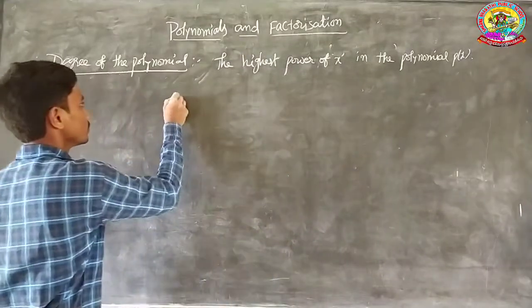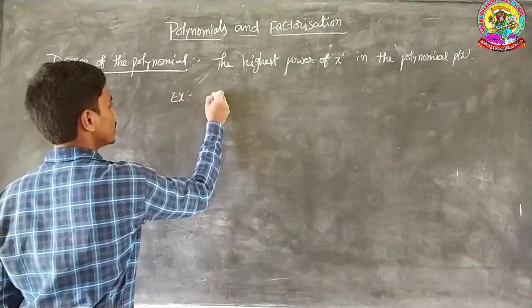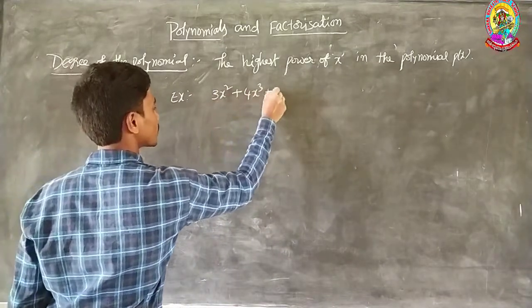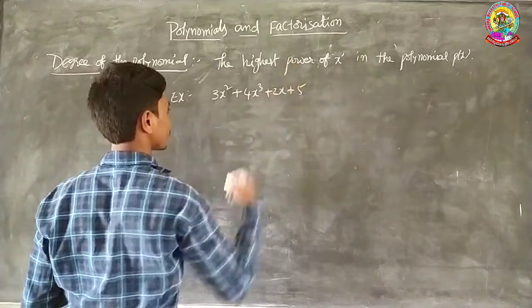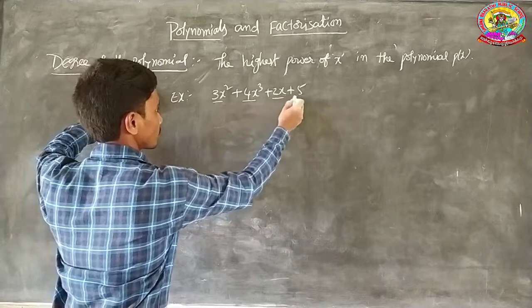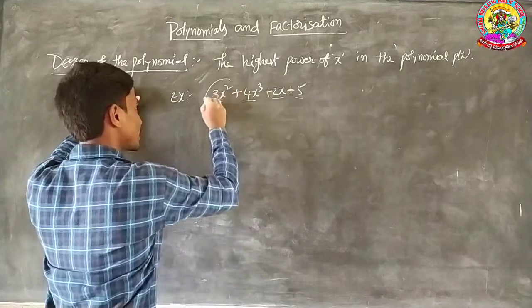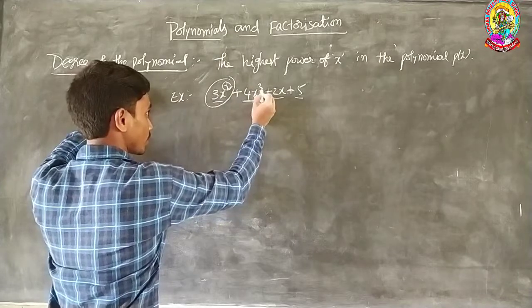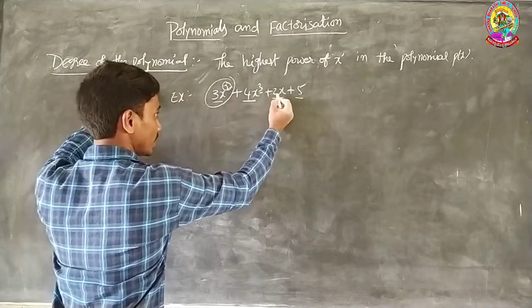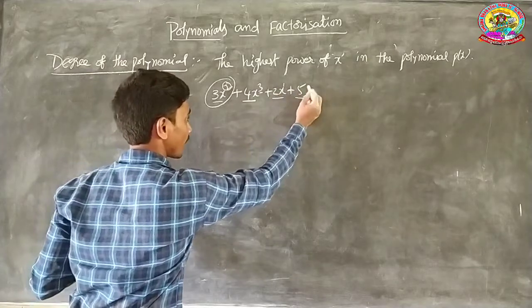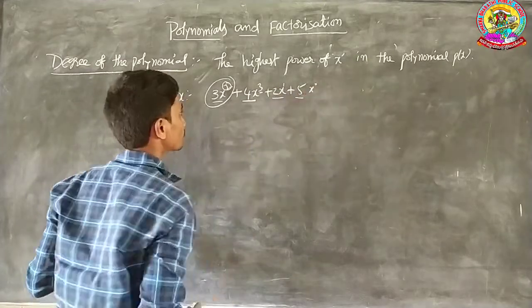For example, 3x square plus 4x cube plus 2x plus 5. Observe each term in this expression. Here the term 3x square has power 2, the term 4x cube has power 3, the term 2x has power 1, and 5 has power 0.